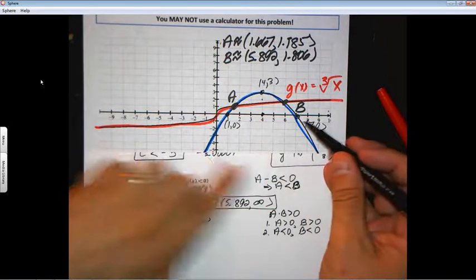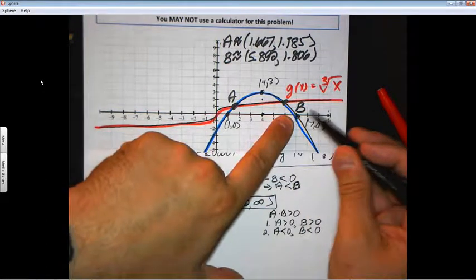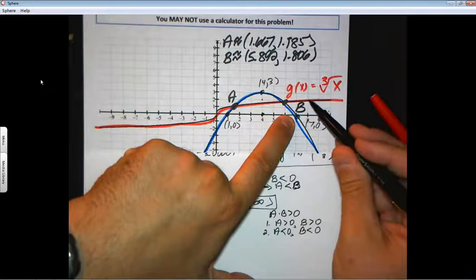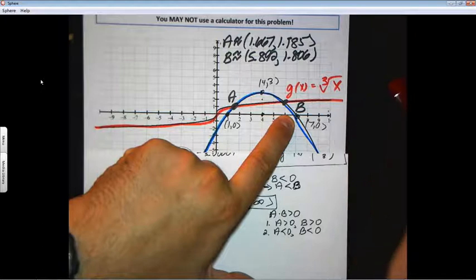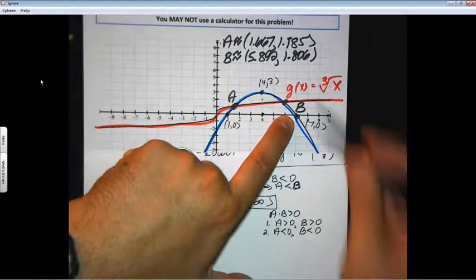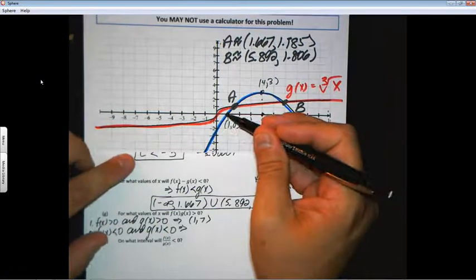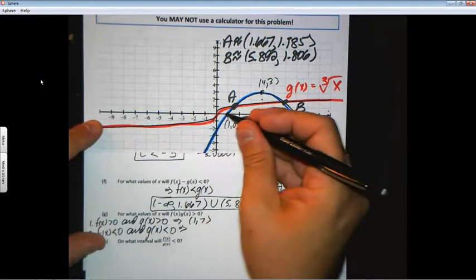I also need to consider where f of x and g of x are both negative. Let's see, g of x is negative starting over here at 7 and continuing forever, but the graph of the cube root of x strictly increases, so no solution over here.